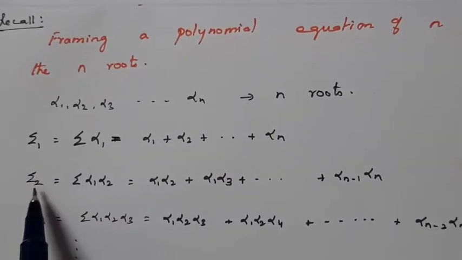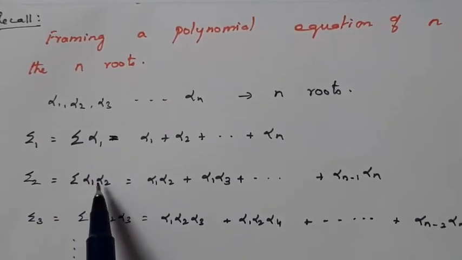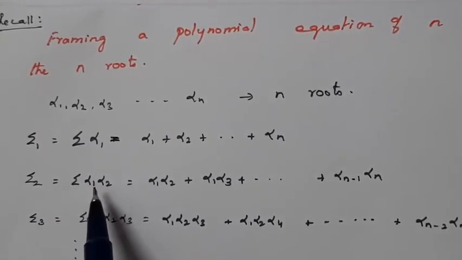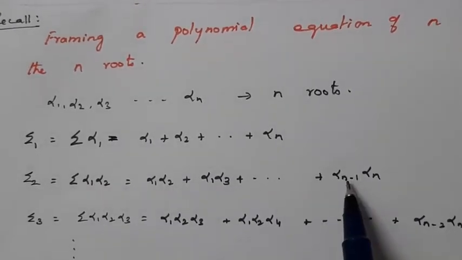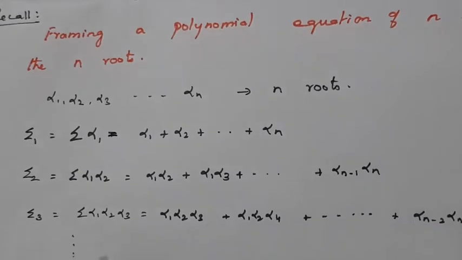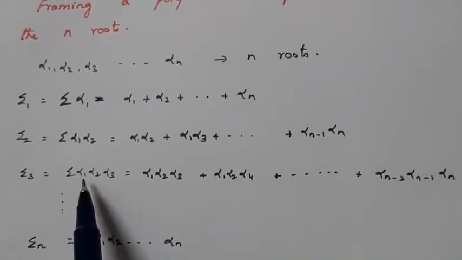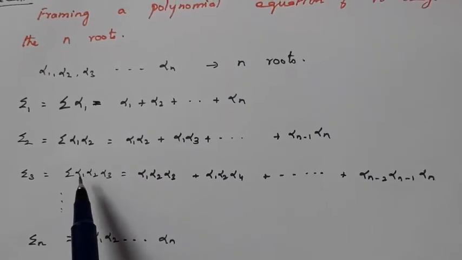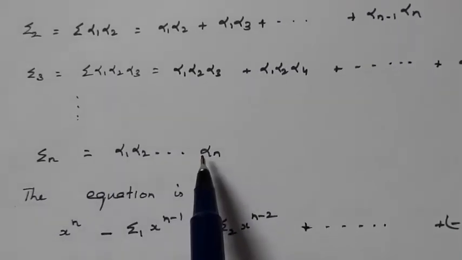Likewise, sigma suffix 2 denotes the sum of the product of the roots taken 2 by 2, that is alpha 1 alpha 2, alpha 1 alpha 3, up to alpha n minus 1 into alpha n. Similarly, sigma 3 is the sum of the product of the roots taken 3 by 3. Likewise, up to sigma n, the product of all the n roots.